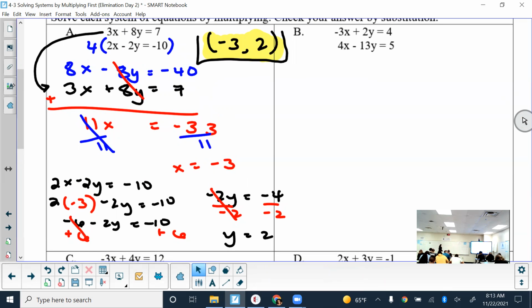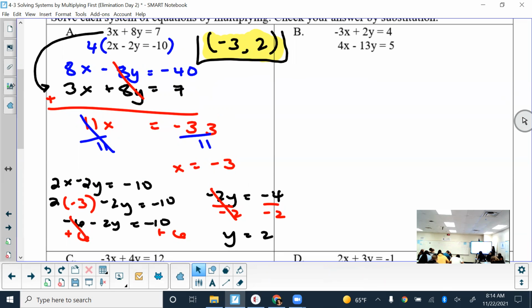No. Now, looking at it, you don't want to do anything too difficult. You don't want to make your life harder. So when you're deciding whether to eliminate the x term or the y term, just look at your options. Is there an easy way to get to either one of them? Can I just multiply one of the equations by something?